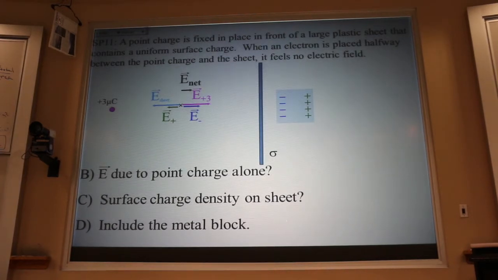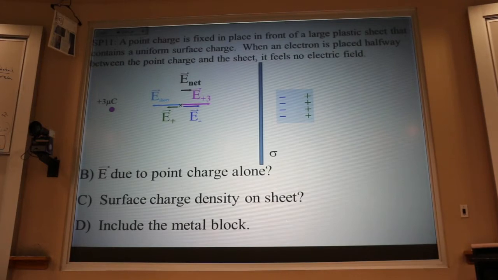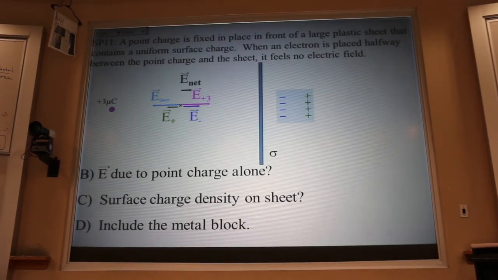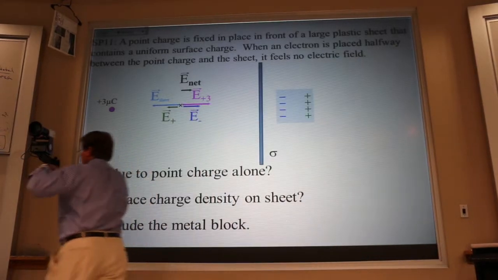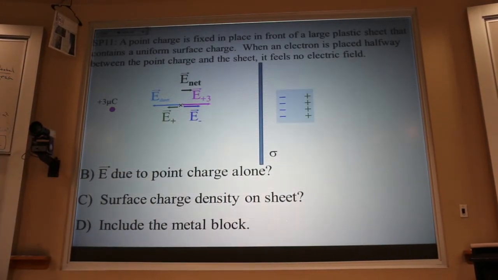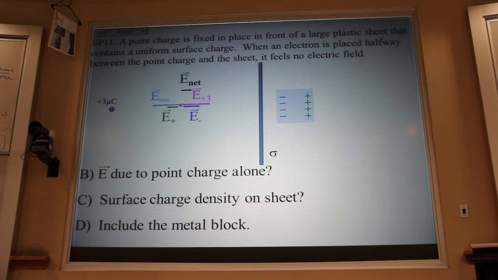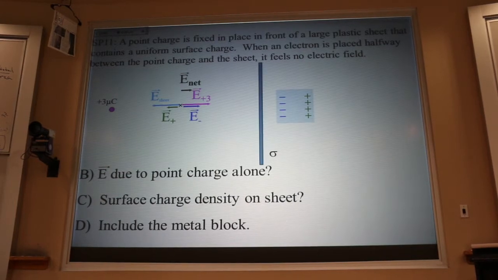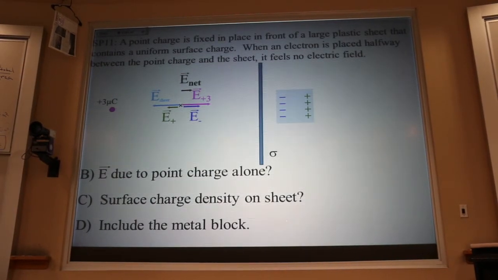Now, if I put an electron there, the push, the electric force, the actual tug that you feel, which way would it point? To the left. And that's because with the field to the right and the negative electron, the force is going to be in the negative right direction, or the left direction.